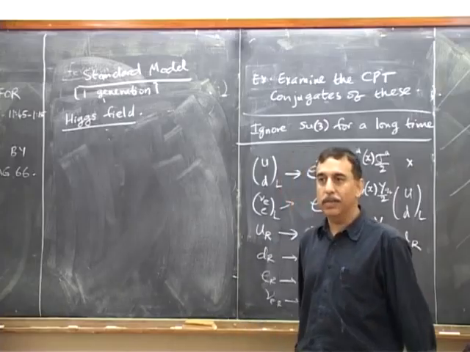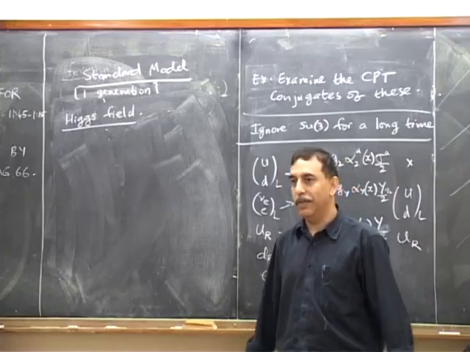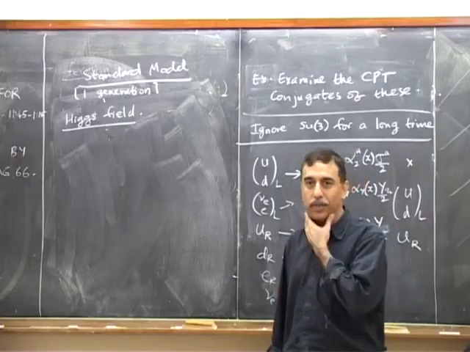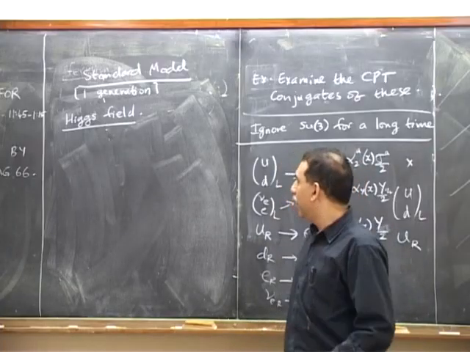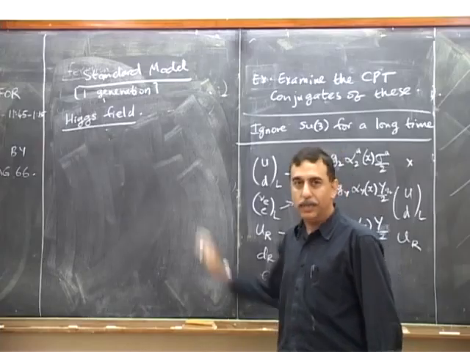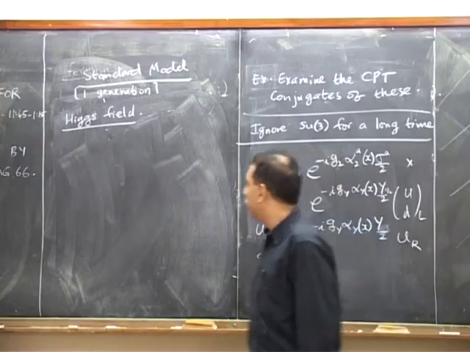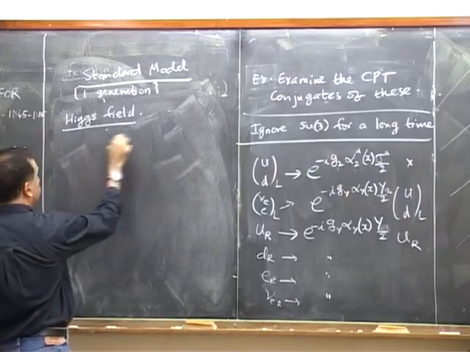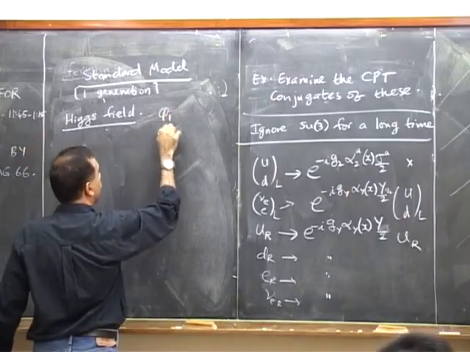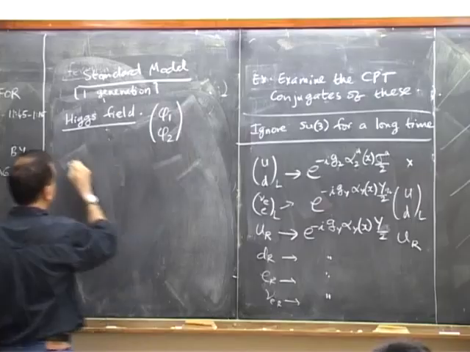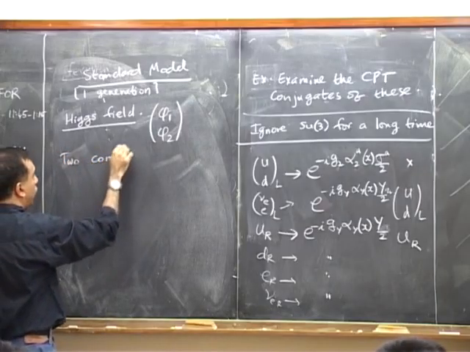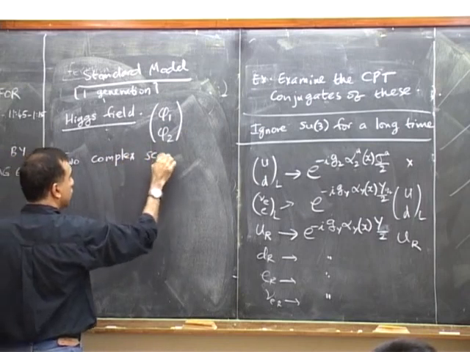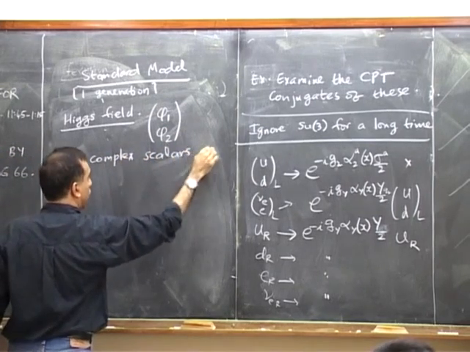Such weak neutral currents were found experimentally, and it was a kind of crucial test of the Weinberg-Salam model because it predicted those. So it is just to say that it's important what you choose the Higgs field to be, and now we are going to choose it in accordance with the Weinberg-Salam model to be two complex scalars in a doublet of SU2.